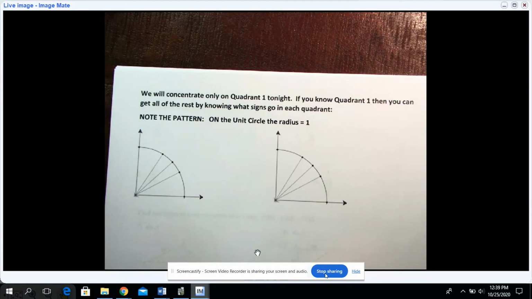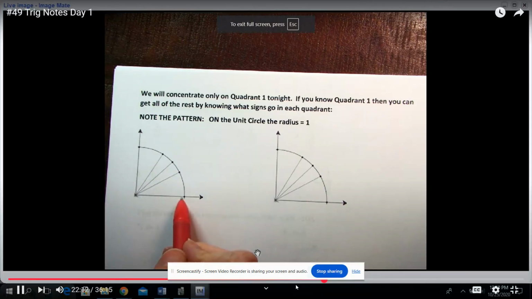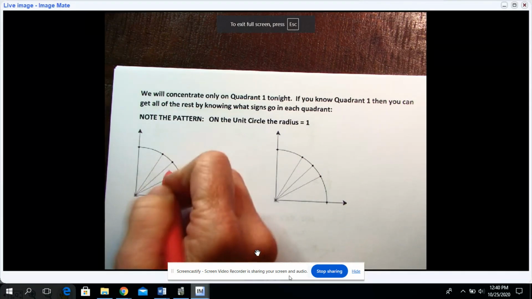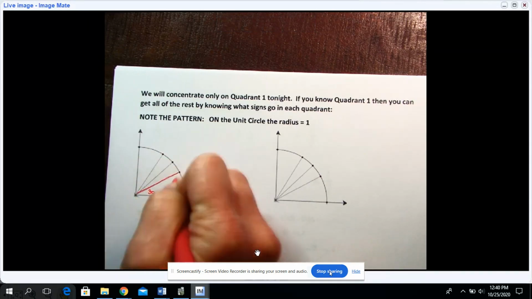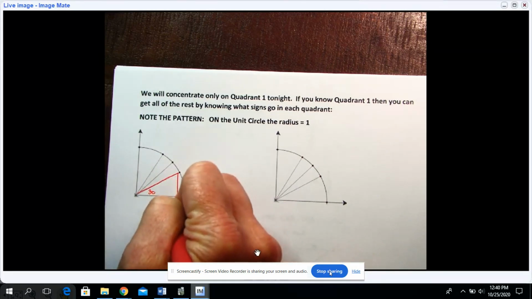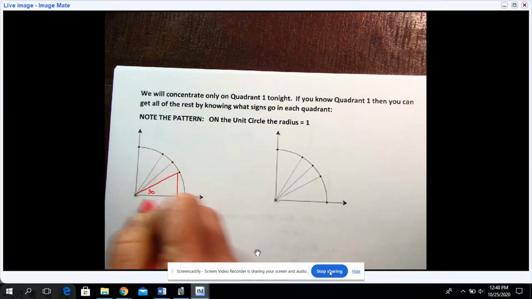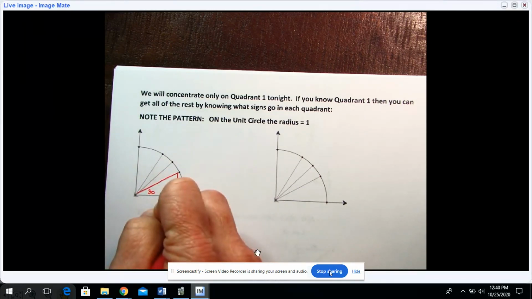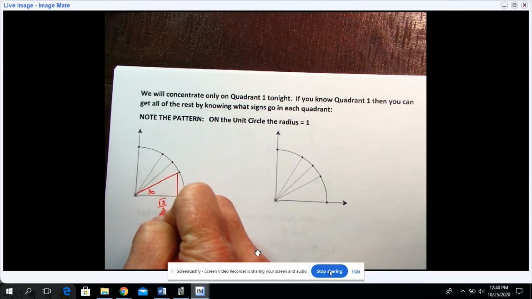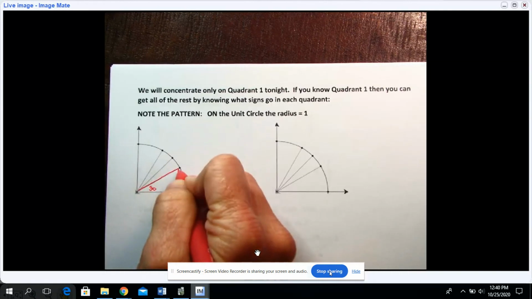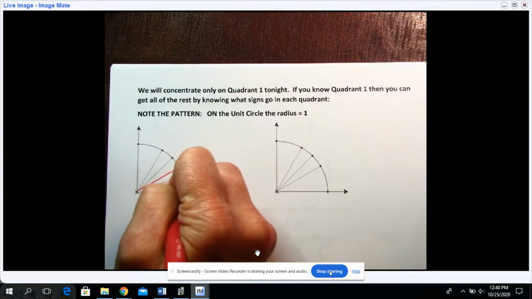Here's what's going on with that. If we know the radius has to be 1, and this is 30 degrees right here, then the x value, if you measured it, would be square root of 3 over 2, and it would be going up 1/2.